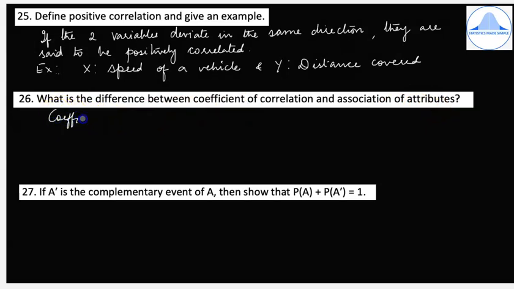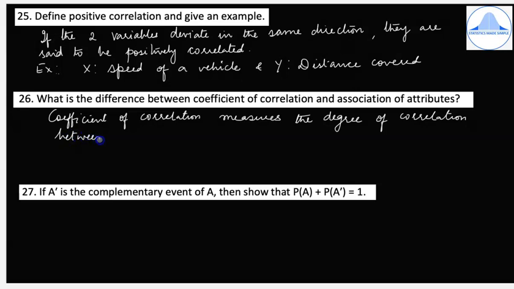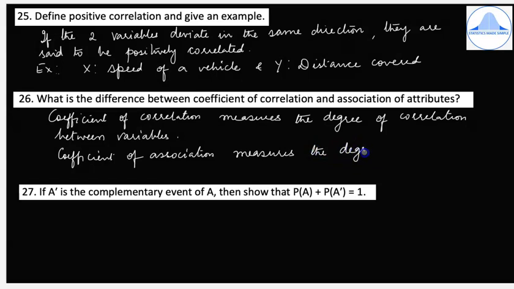So coefficient of correlation measures the degree of correlation between variables, whereas the coefficient of association measures the degree of association between attributes.